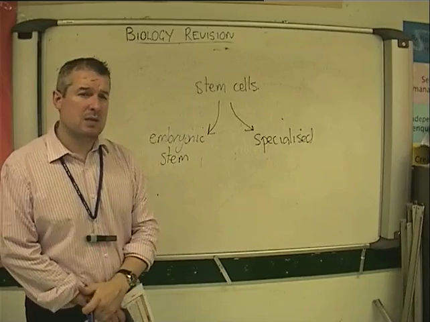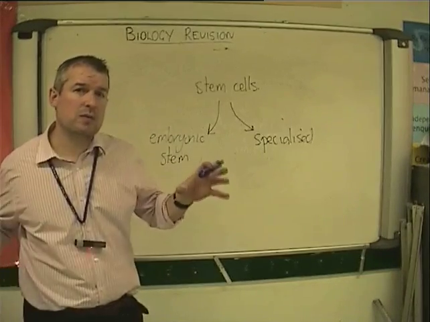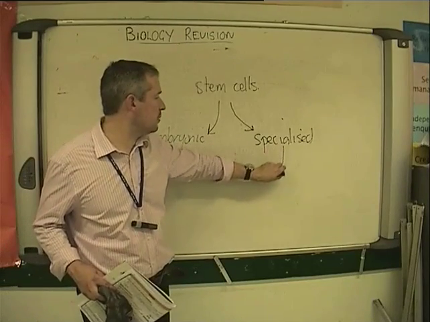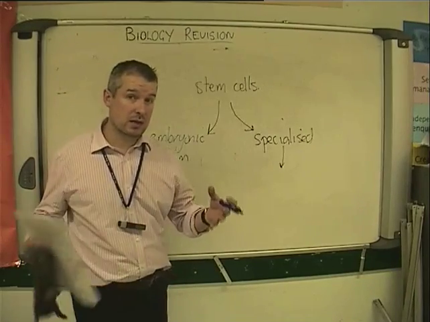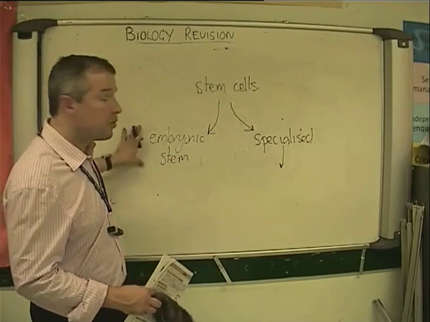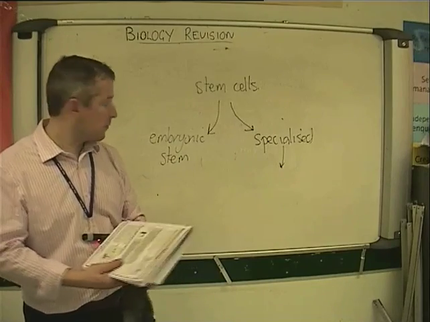Now the specialized stem cells are not so powerful because they can only become a small group of different types of cells. So for instance, specialized stem cells in the bone marrow can become white blood cells, red blood cells, platelets, etc. But they couldn't become nerve cells. Whereas an embryonic stem cell can be used to become anything at all.